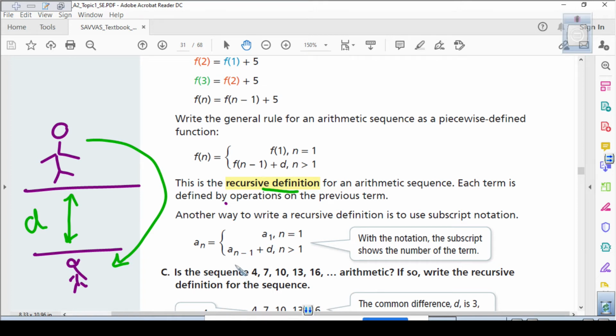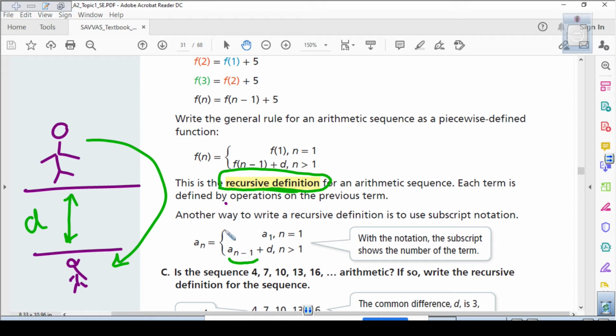And then if you want the next terms, you say a sub n minus 1, that's the person behind you, plus the difference between you both. And that's how we get to the second person, and the third, and the fourth. So you always look behind you, and then add the difference between you both.